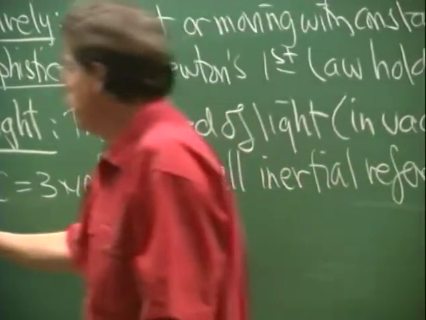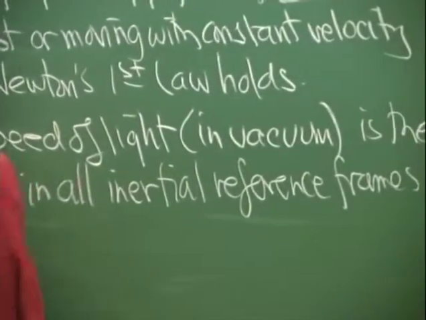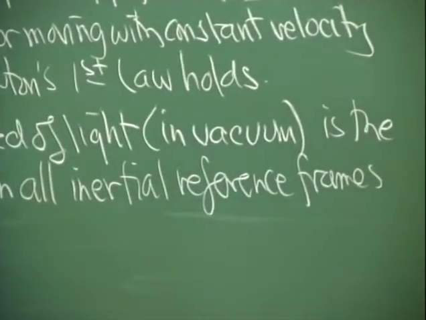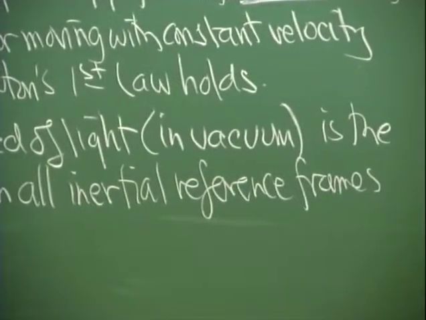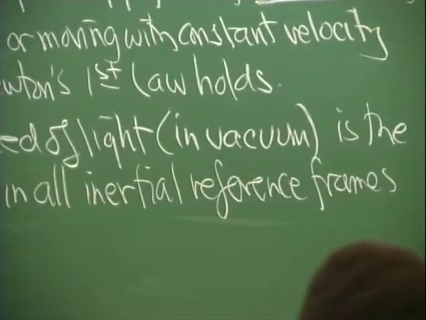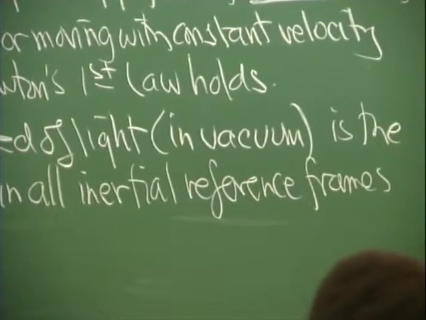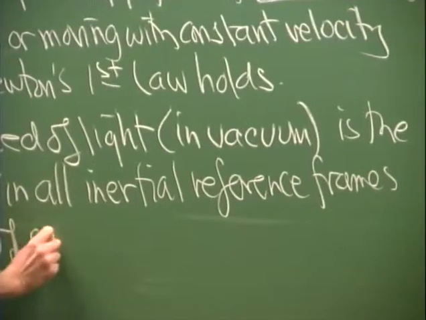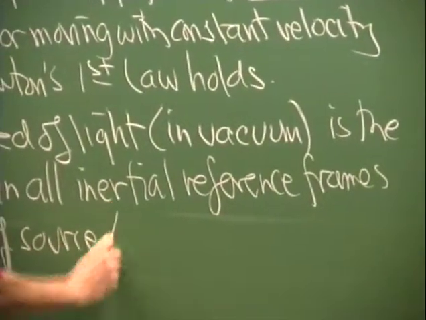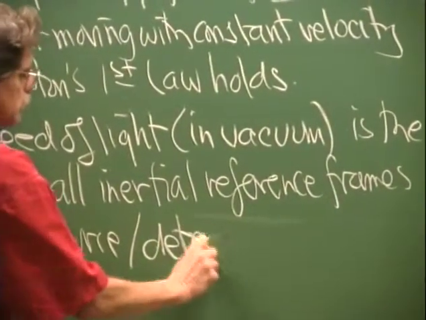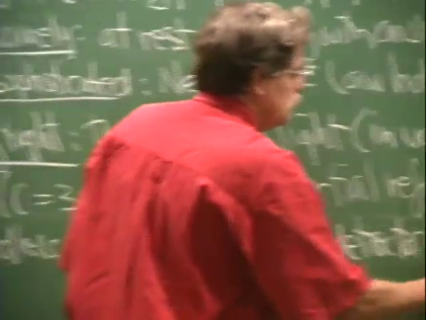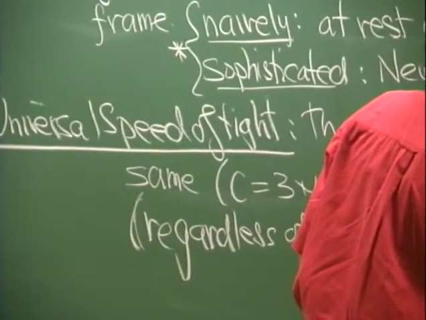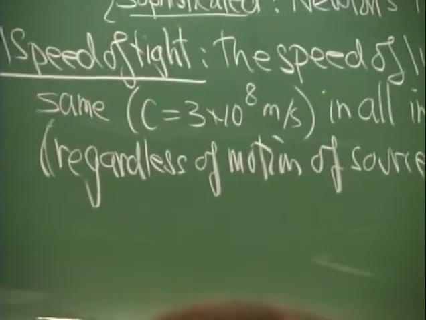Regardless, in other words, of the motion of the source, or of the detector, or of any presumed light-propagating medium. That's the universal speed of light.